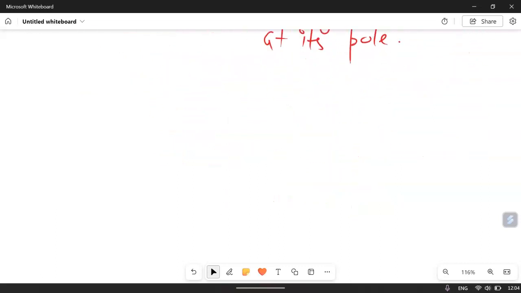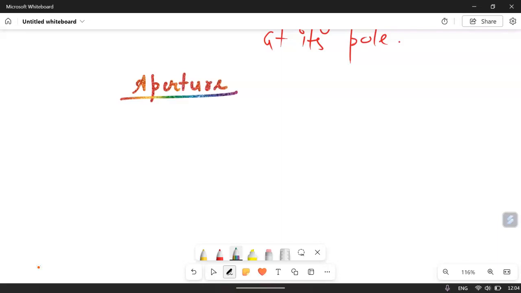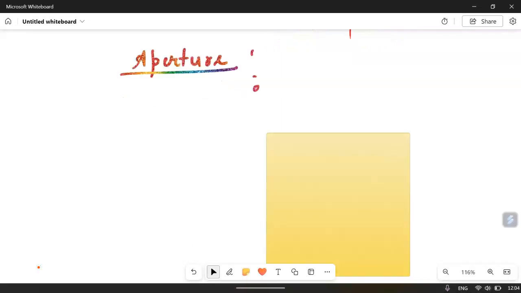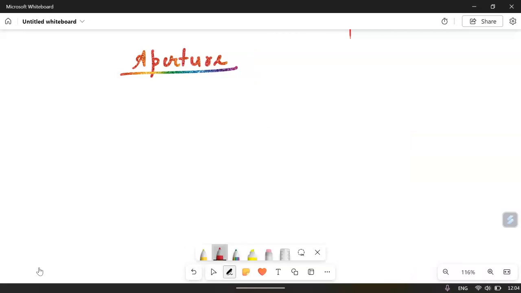Now we are going to talk about aperture. So what is aperture? Can you tell me what is aperture? Let's discuss the aperture now. What is aperture, bachcha?